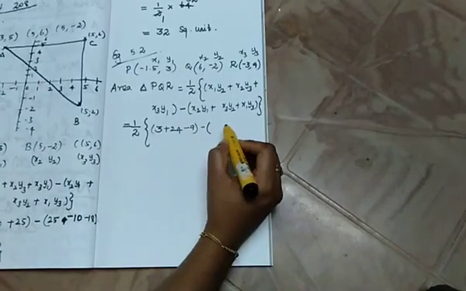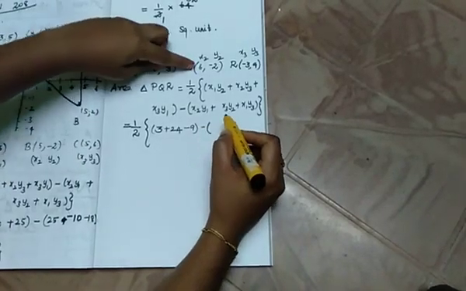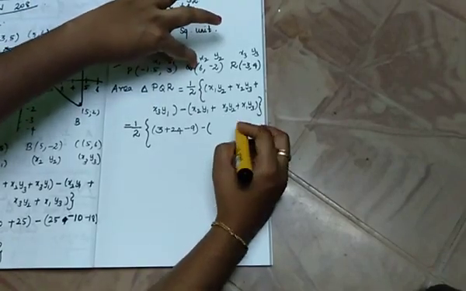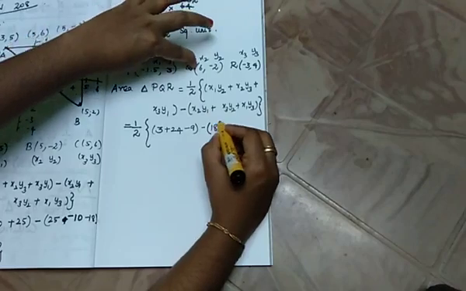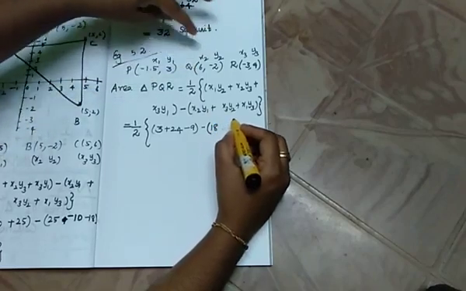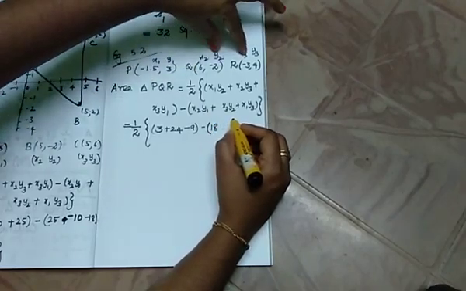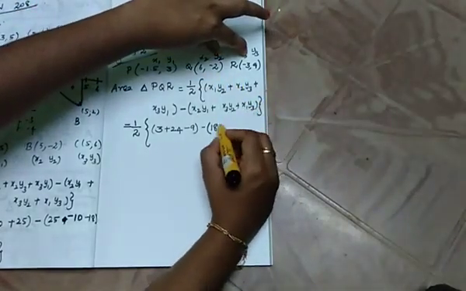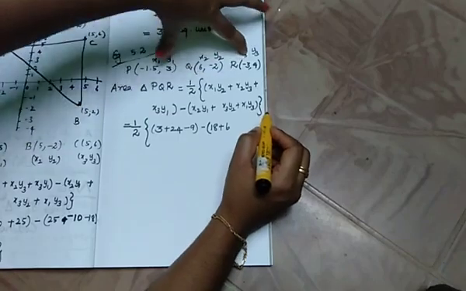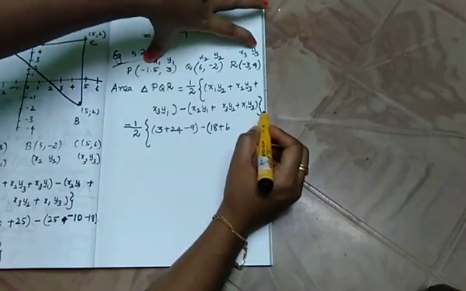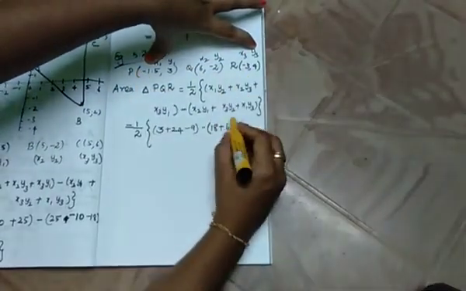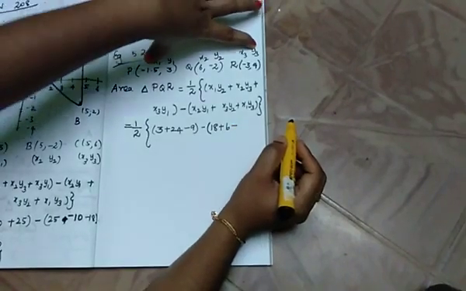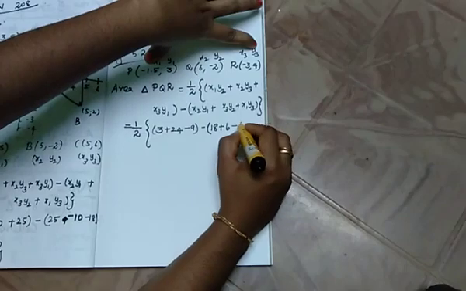Minus, what is the next term? Yeah, x2 and y1. That is 6 3s are 18. Next, x3 and y3. So minus 3 into minus 2, that is plus 6. Now x1 and y3. That is minus into plus, minus 1.5 into 4, 6.